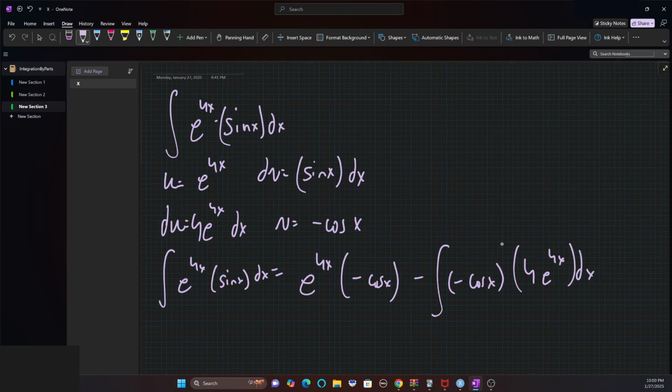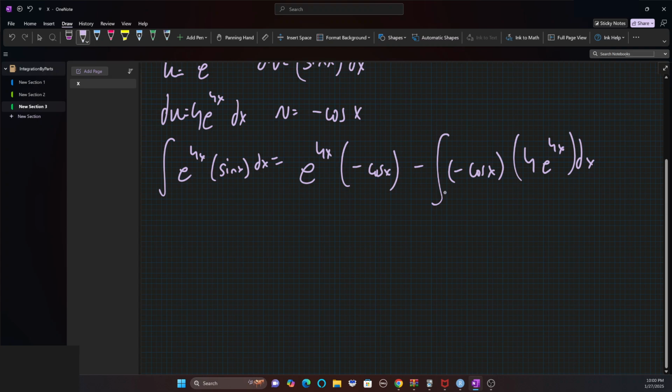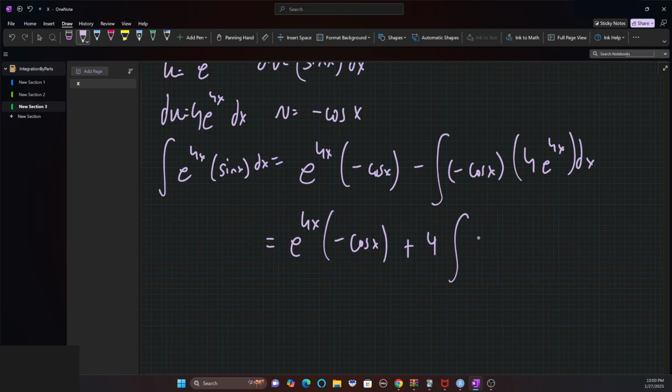What I'm going to do is simplify this integral on the right here. So this is plus 4 times the integral of e to the 4x times cosine x times dx. Now we just need to figure out this integral.